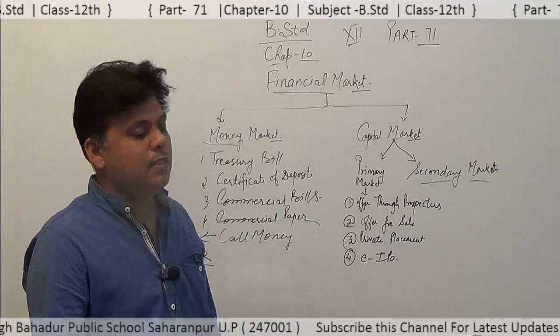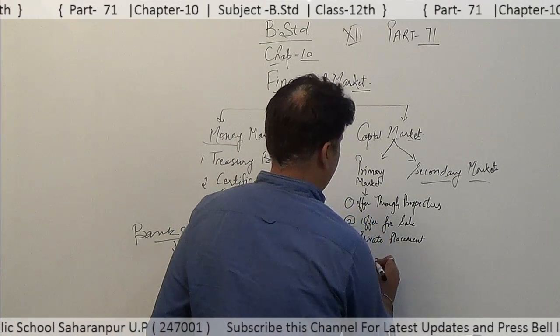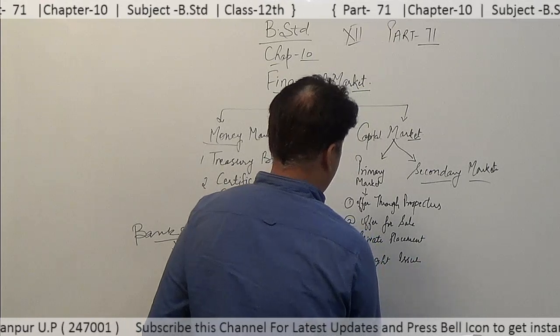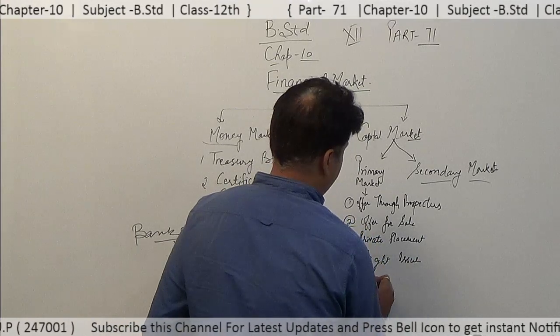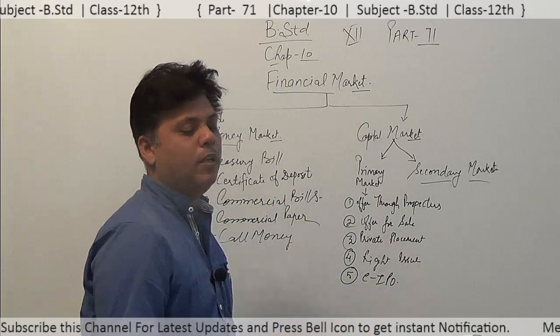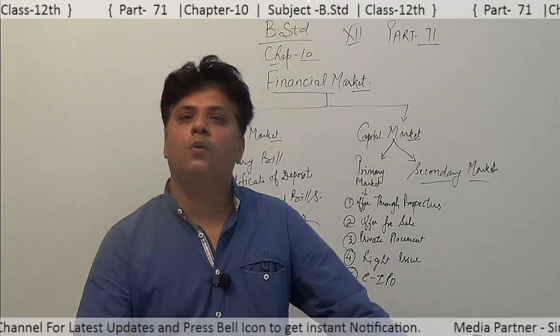Now the next is rights issue. As the name suggests, they are issued to those who are existing investors of a company. Existing investor, that means जो पहले से ही investor है, they give the first right to them. They inform them that the company wants to start a new project and wants to collect 10 crore rupees for this project.